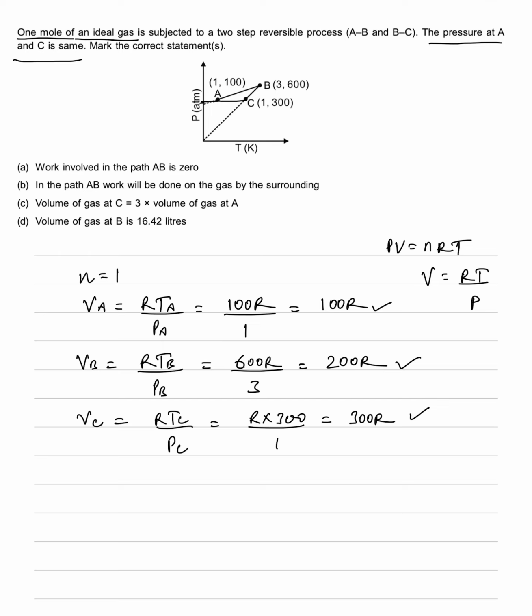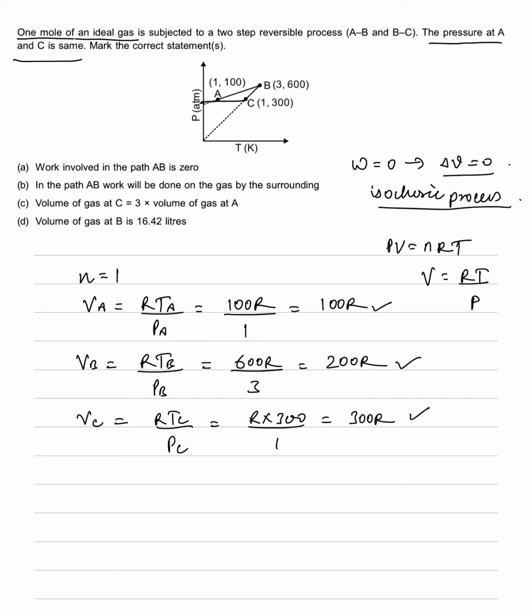Now let's go through the options. First option is work involved in the path AB is 0. Now basically we know if work is to equal 0, then delta V has to be 0. So there are a few situations when the work is 0. Either it is an isochoric process.